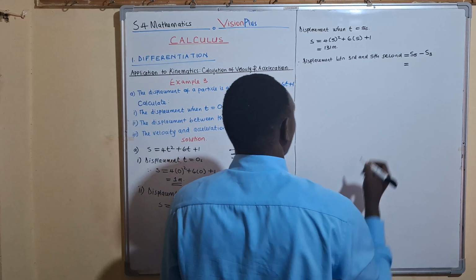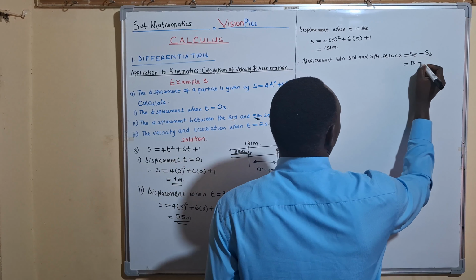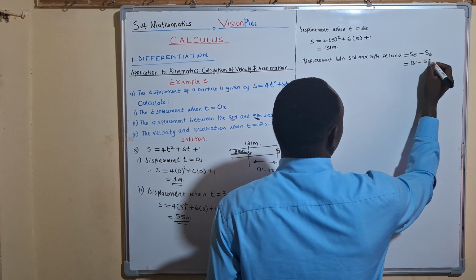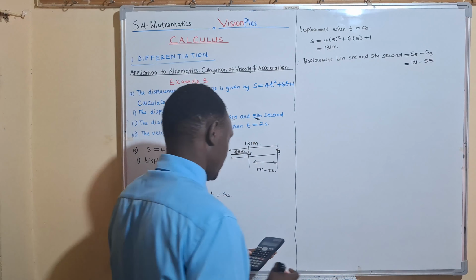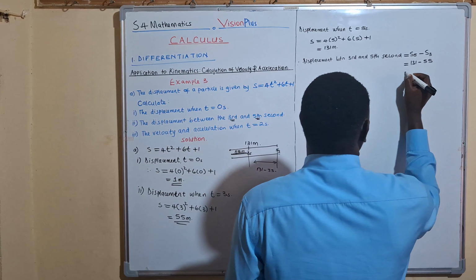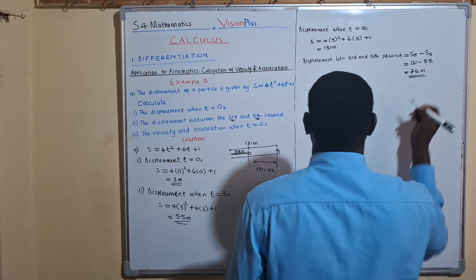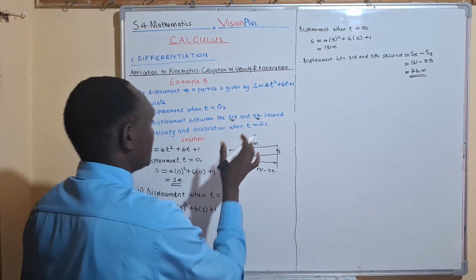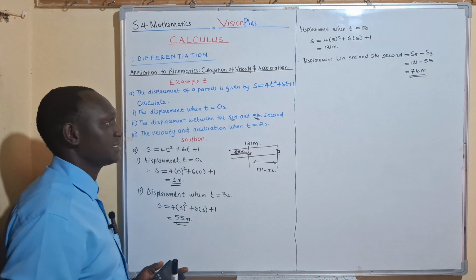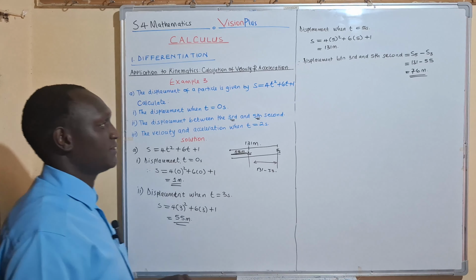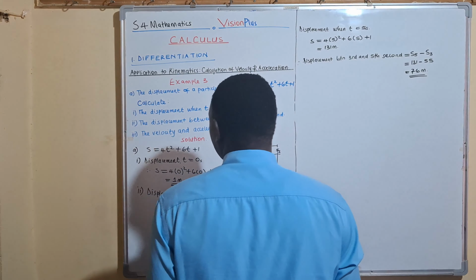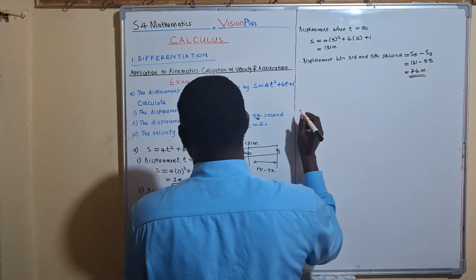This gives us 131 minus 55, which is 76 meters. So the displacement between the two periods of time is 76 meters. And that is the answer for part B, right?